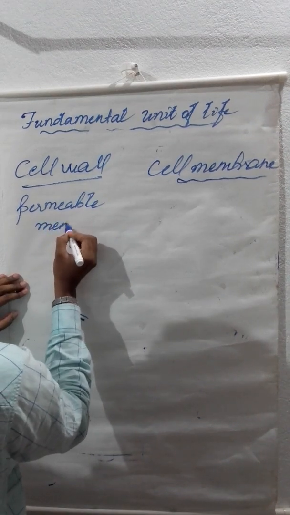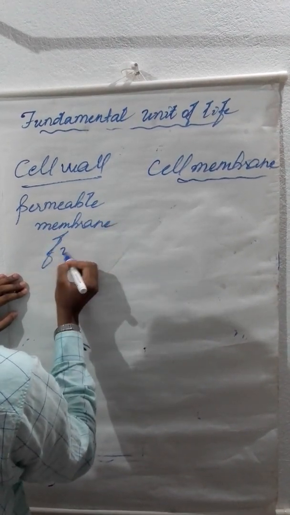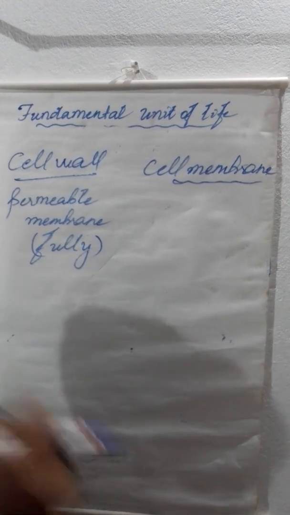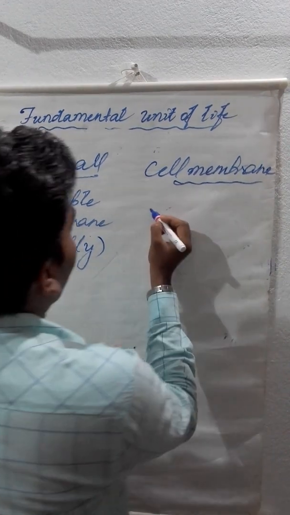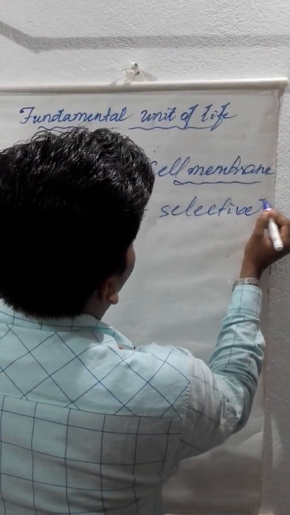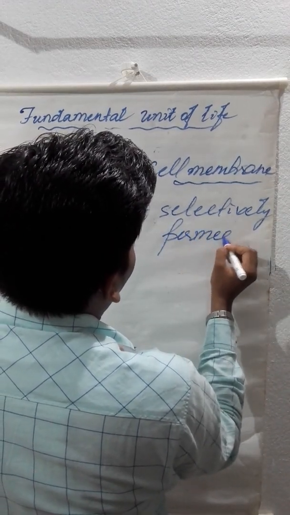Permeable means it can permit fully the different substances inside to the cell, but the cell membrane is selectively permeable.